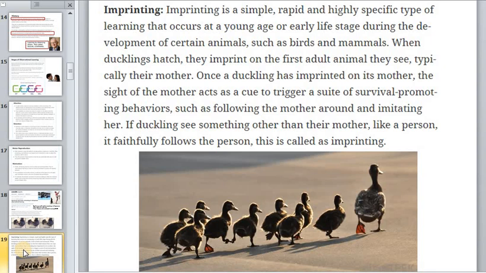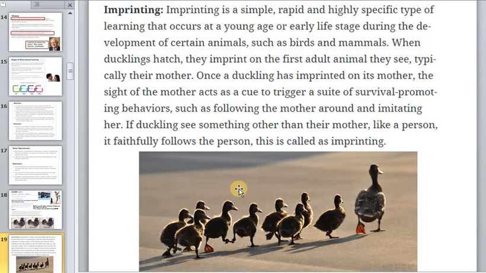This type of learning is very similar to imprinting, and we have already met this term, imprinting, in the previous practical. Imprinting is a simple, rapid and highly specific type of learning that occurs at a young age or early life stage during the development of certain animals such as birds and mammals.